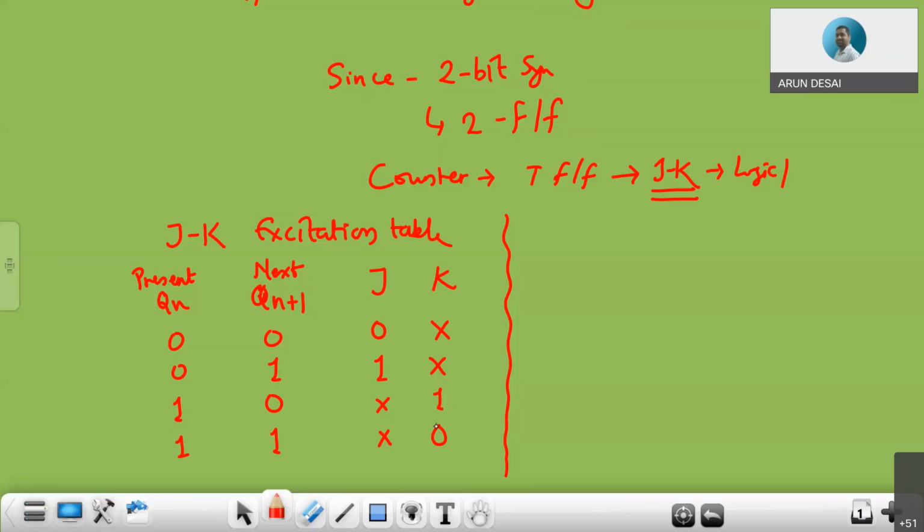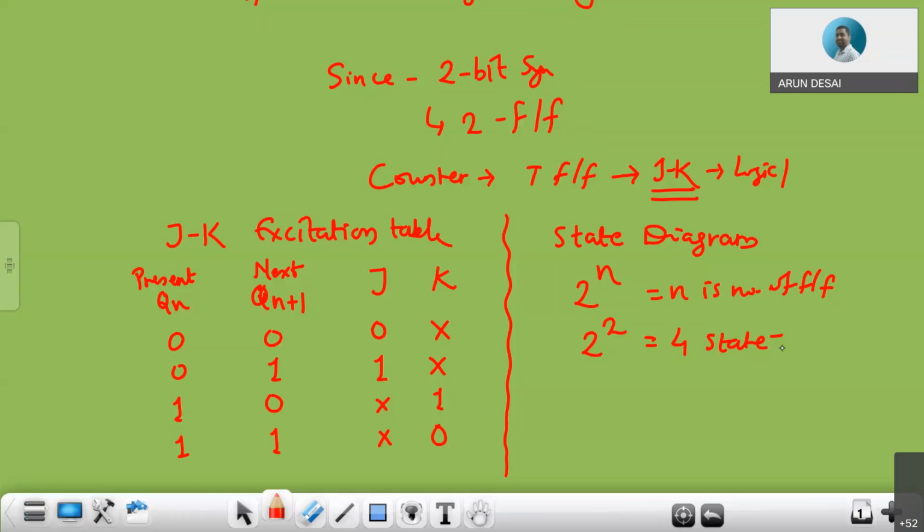Now the next step is we need to draw a state diagram. How many states are there in a counter is based on this formula, where n is the number of flip-flops. Using this formula, we find the number of states. We have two flip-flops, so a total of four states are there for this counter.